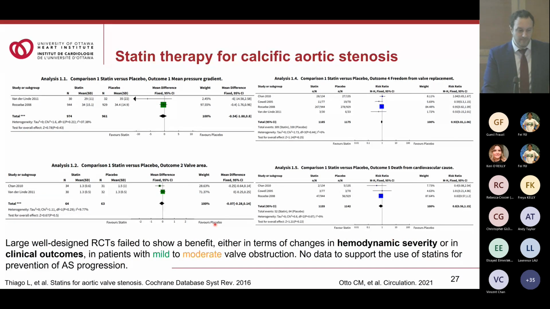So really negative trials in patients with mild to moderate valve obstruction. And again, that is supportive of our model of the pathophysiology. Those agents may be playing more of a role in the initiation phase rather than in the progression. So once patients have mild to moderate valve obstruction, they likely play a much lesser role.